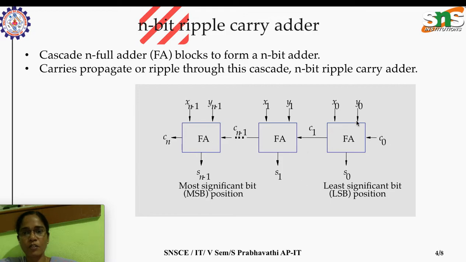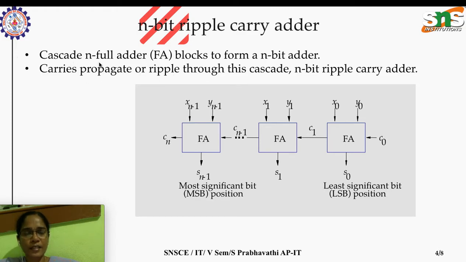This is the logic circuit to carry out n bit addition. We call this logic circuit an n bit ripple carry adder, because each full adder produces a carry out that is given as an input to the next full adder, which performs the addition and again produces a carry out. It propagates to each and every stage, is it not? That's why we call this adder a propagate or ripple adder.